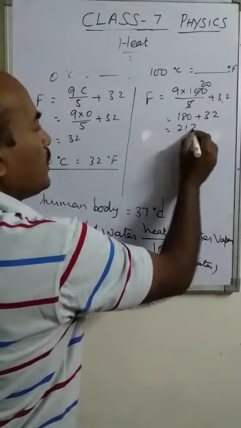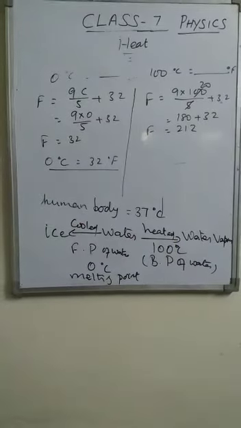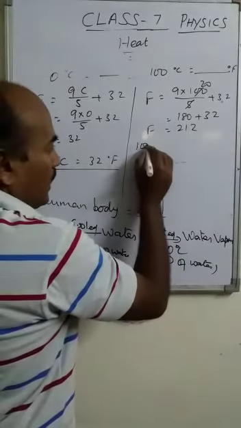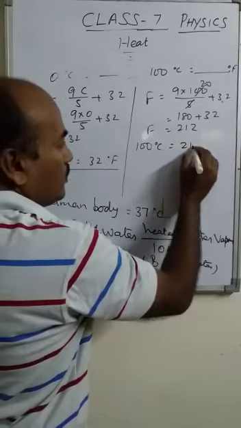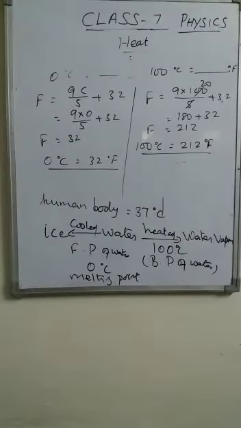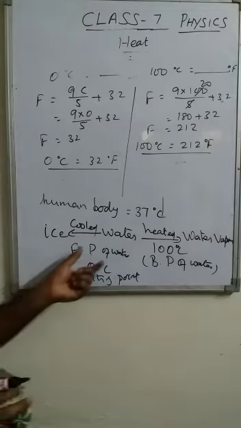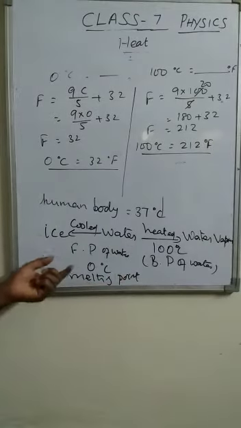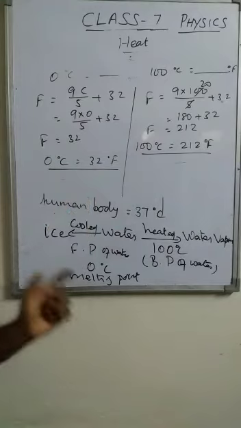This is 212. F equals 212. That means 100 degree Celsius is equal to 212 degree Fahrenheit. So these constant temperatures can be changed from one into another.